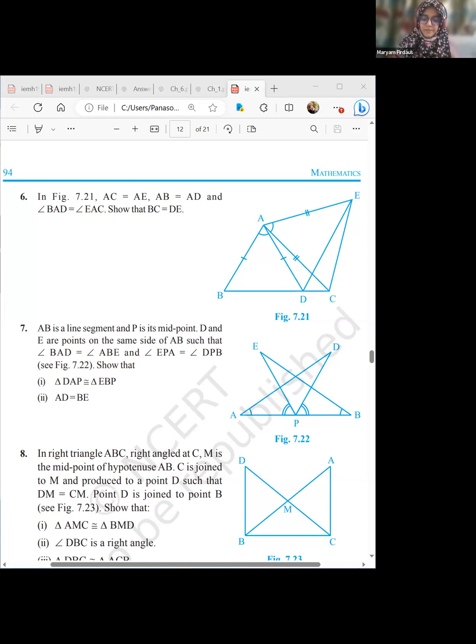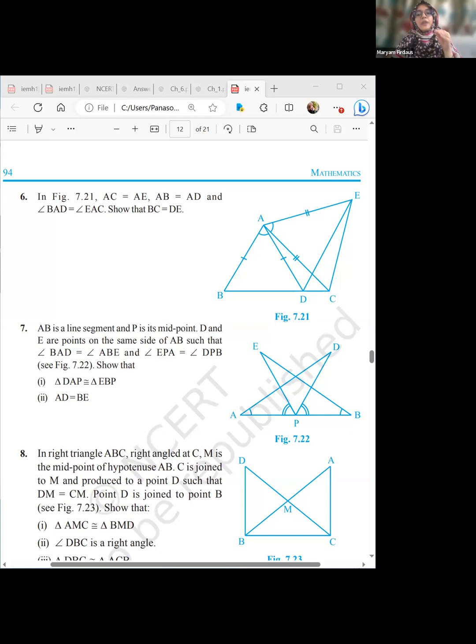Okay, see. We need to show that this red angle is equal to the other red angle. Why do we need to show that? Because this red angle, just look at the blue triangle. Forget about the pink triangle for now. Just look at the blue triangle. That red angle is a part of this one, the red one, which I have marked in red.